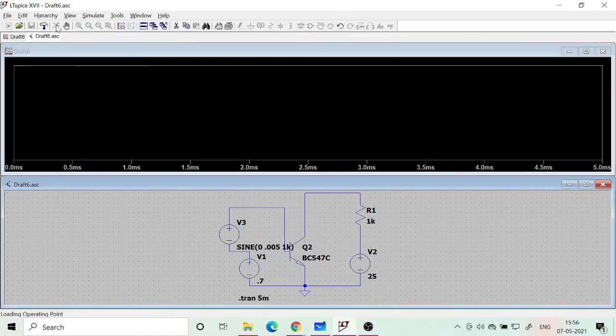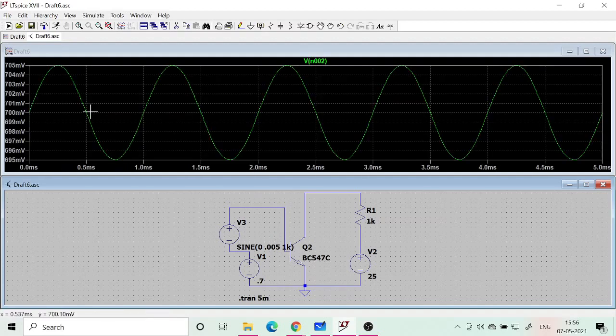Run it. The fluctuation of input voltage we already know, we have given 5 millivolt: 5 millivolt upward and 5 millivolt downward, from 700 to 705 and then back to 695.